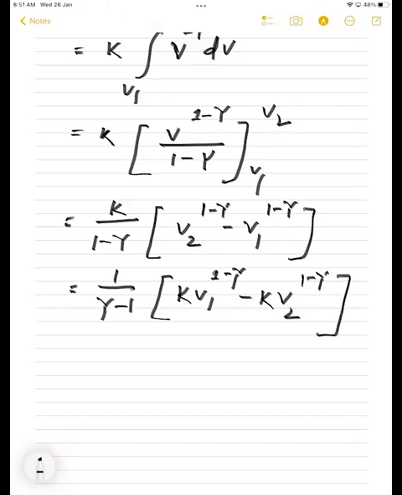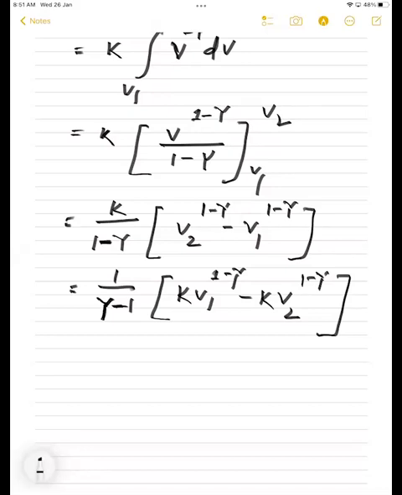Are you getting, students? Here I made 1 minus gamma into gamma minus 1, correct?